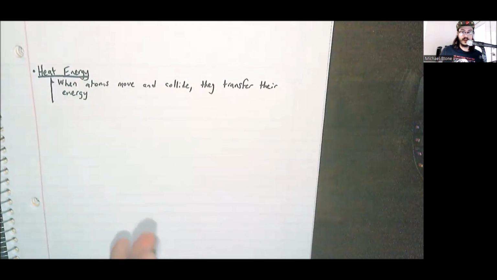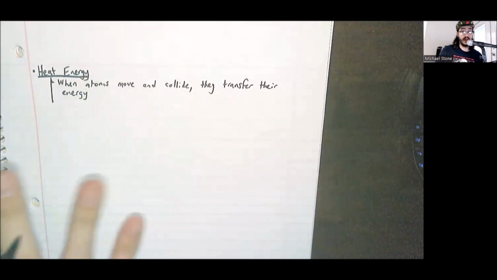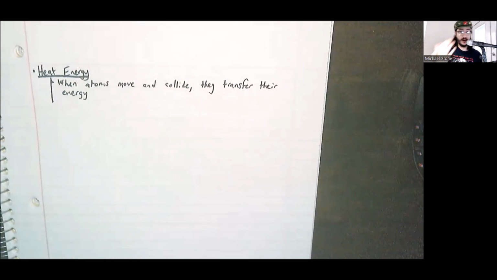So let's say that you have been in the gym working your ass off, you're sweaty, you're hot, and you step outside and it's cooler outside. Not very likely here in Florida, but maybe in January. So you're hot, you step out into cool air. Your particles are moving around fast, and the air near you is moving around slow.